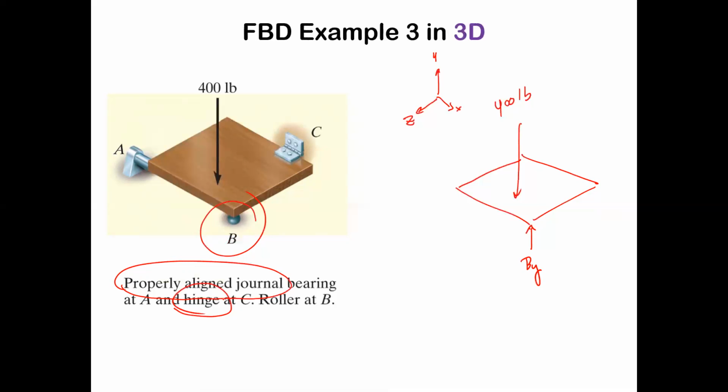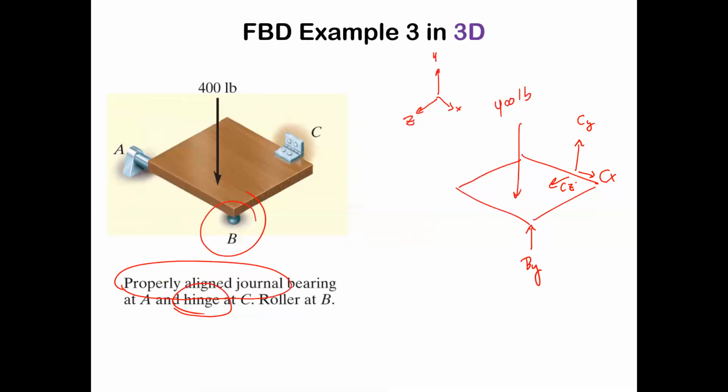The hinge is capturing that point, kind of like a ball and socket. So we're going to have a CY, a CX, and a CZ there. Again, if it's properly aligned, we don't have to worry about it doing any weird moments about the y-axis or the z-axis. It just needs the forces there.